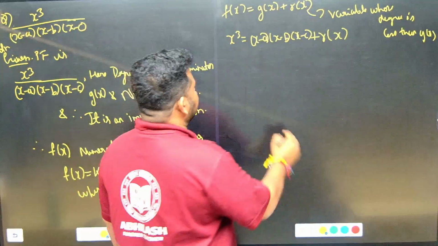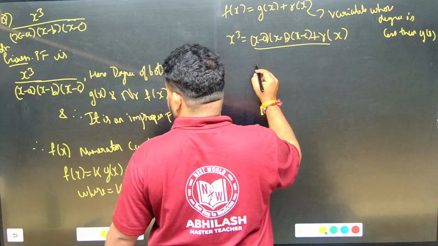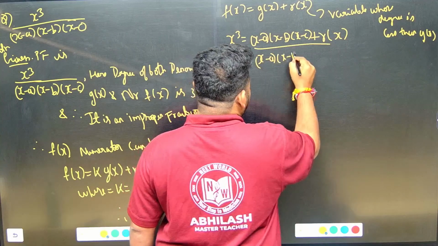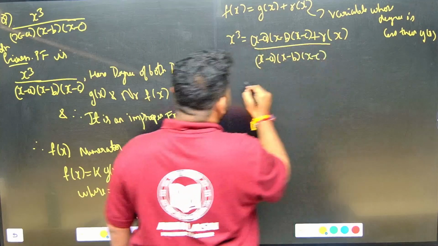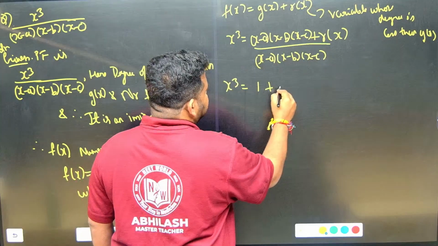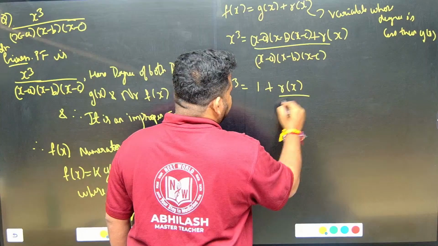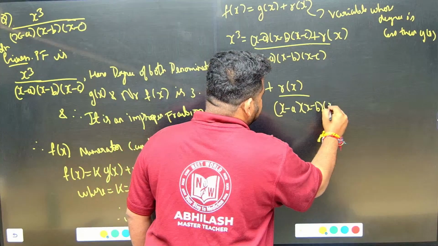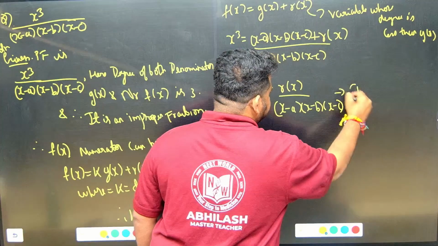So if I separate and divide it, I will get x cube by x minus a into x minus b into x minus c equal to 1 plus r of x by x minus a into x minus b into x minus c. Let this be equation 1.